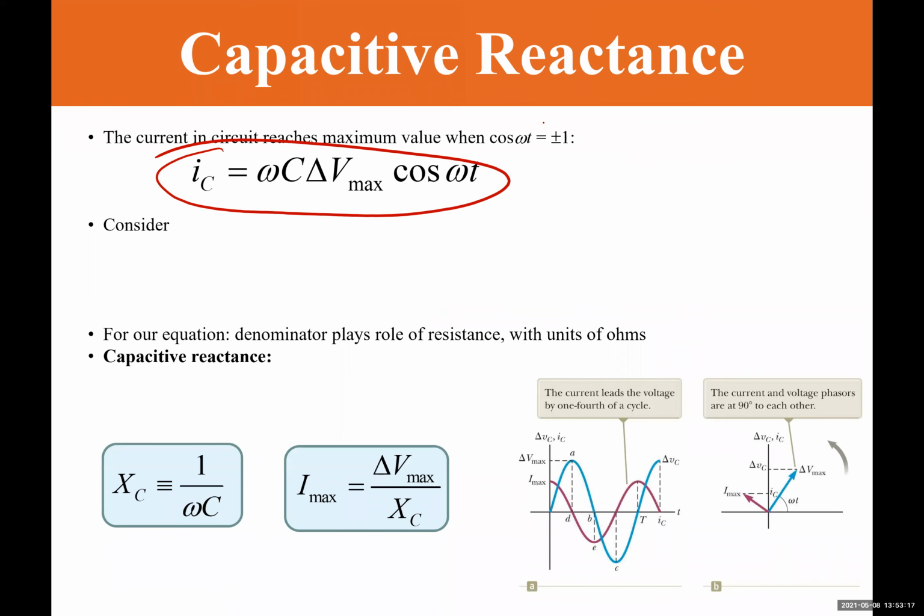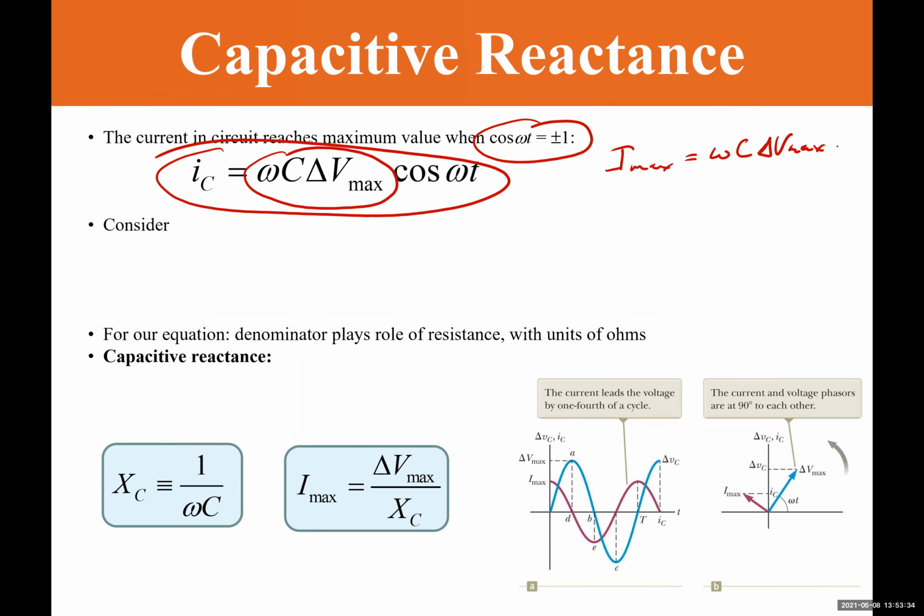In terms of the equation for the current through the capacitor, omega C delta V max cosine omega t, we can see that when cosine omega t is plus or minus 1, the current is at its maximum. So I max is equal to omega C delta V max.